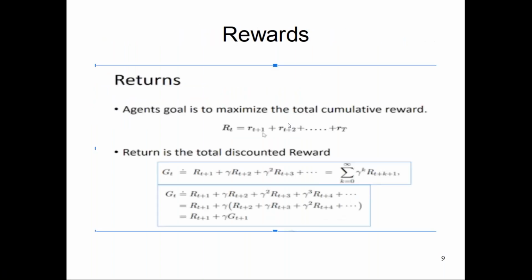So as per different states, you are getting some rewards. For this kind of reward, the agent's goal is to maximize the total cumulative reward. As it is moving from one state to the other, it receives some rewards, and these are the rewards it has to maximize.